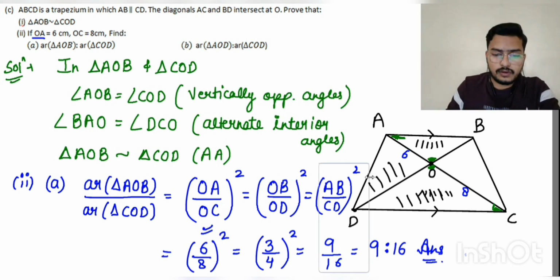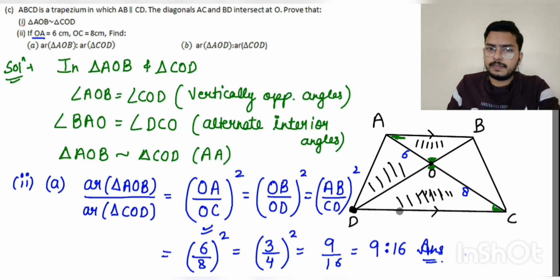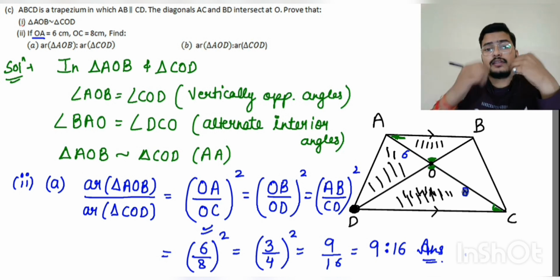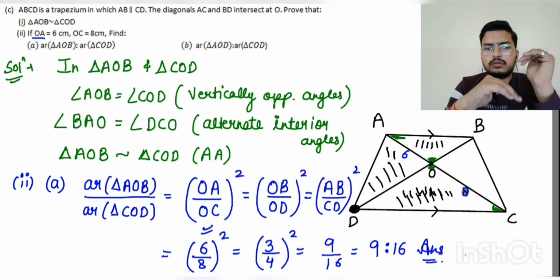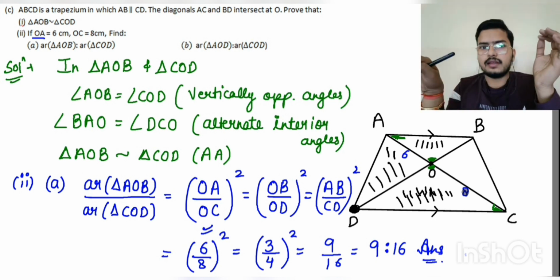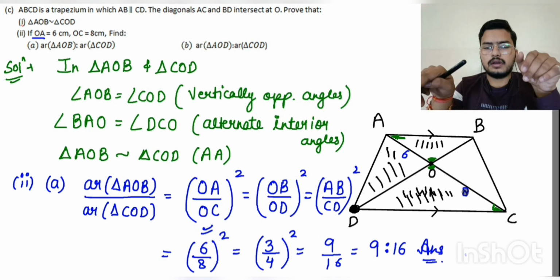Just look at this triangle AOD, whose vertex is A. Again, this triangle DOC also has its vertex at D, right? So both triangles have the common vertex, and for this triangle we can consider the base as OA, and for this triangle we can consider the base as OC, right? So AC is the same base, which means both triangles having the common vertex lie on the same base. If we extend the lines, both triangles will come, right?